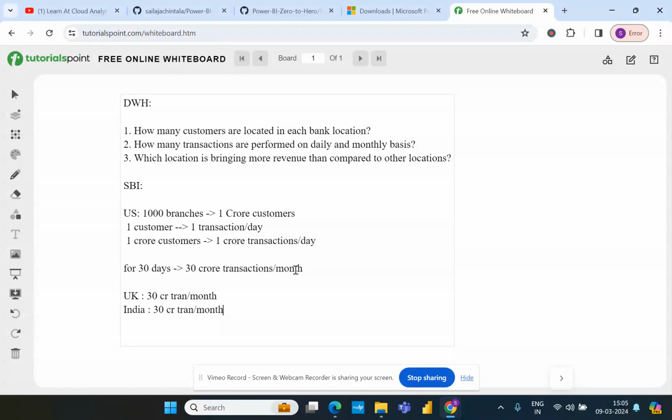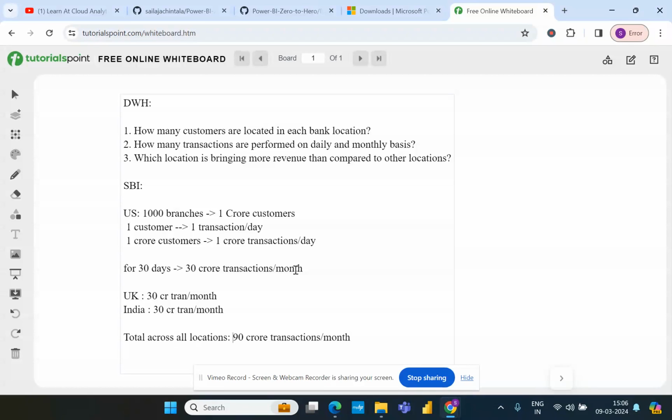Which means that collectively across a month, for all these different locations in US, UK and India, we would have total transactions of 30 plus 30 plus 30, which is nothing but 90 crore transactions per month, right? 90 crore transactions per month, and this is the total across all locations.